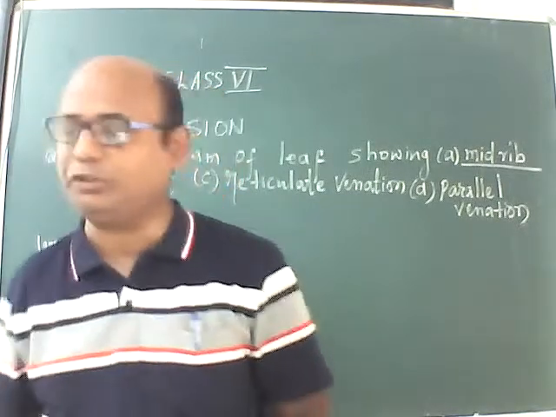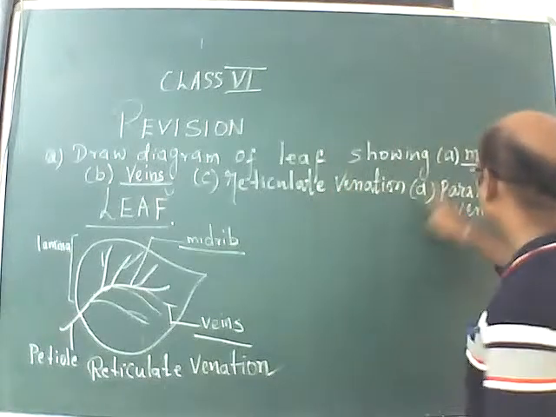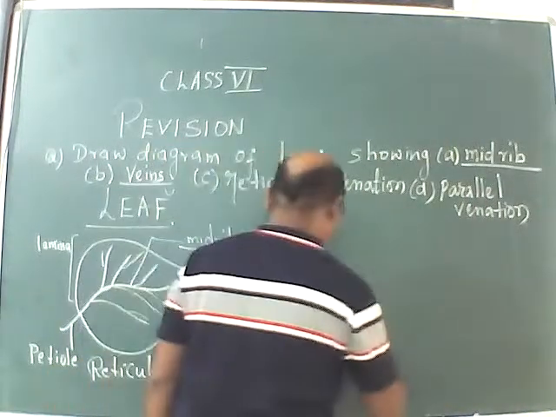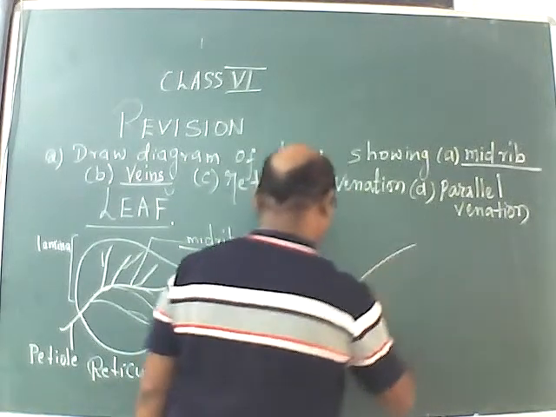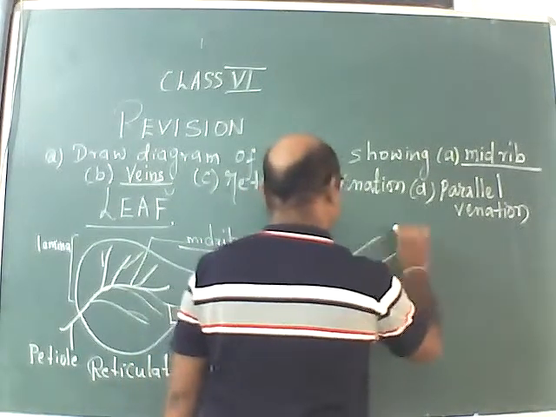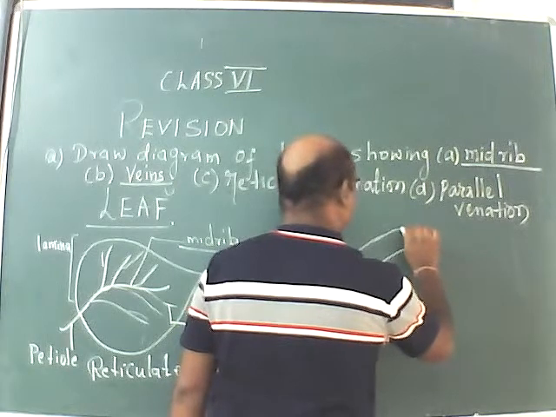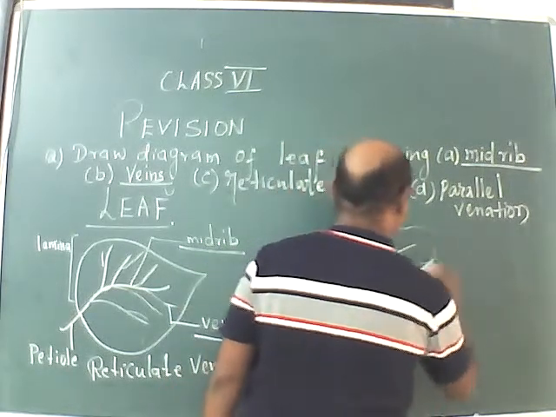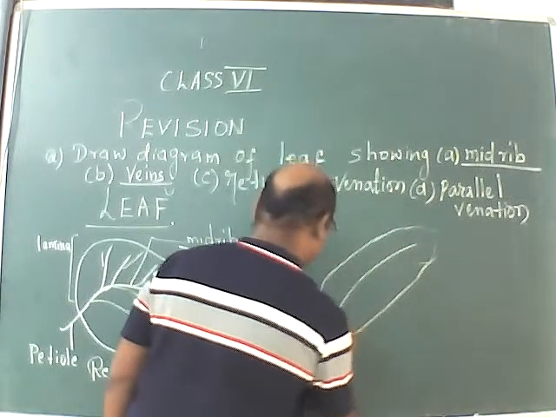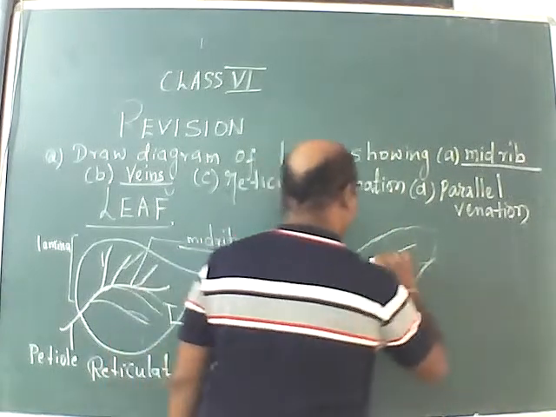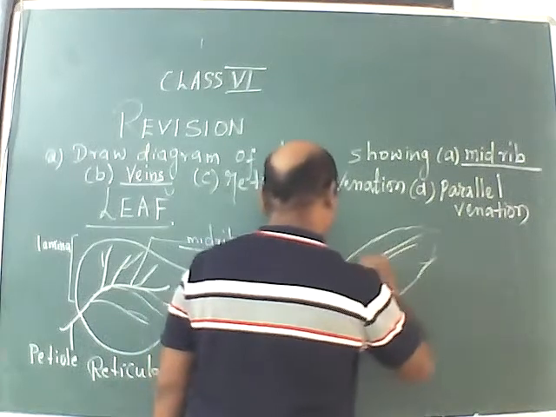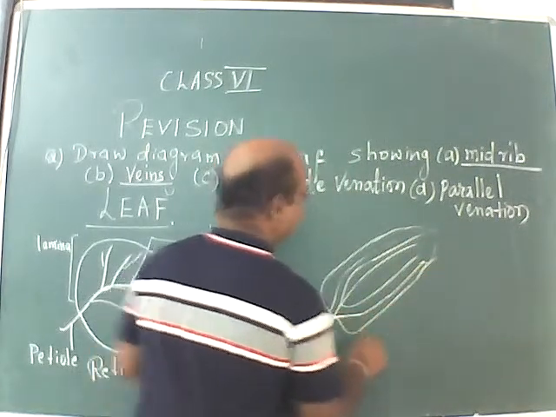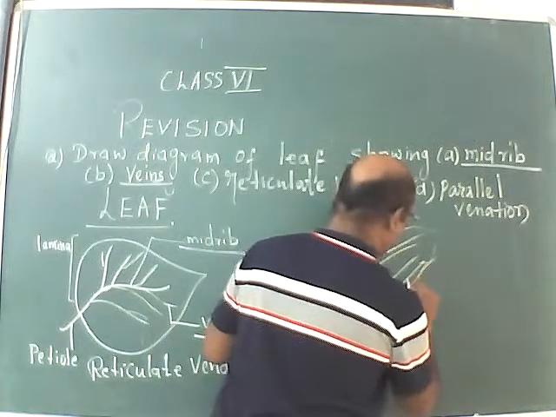So that also you have to draw, because here it is asking parallel venation also. To draw parallel venation, take any leaf like maize. Here we will find the veins are parallel, going parallel to each other. So what do we call that? Parallel venation.